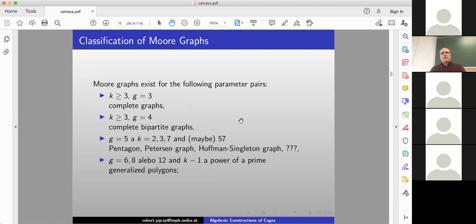But it only happens very rarely that your life is this easy, that you can construct a graph. And it's not that we are not smart enough. These graphs generally do not exist. They only exist when you have the complete graphs. You already saw those two examples. Of course, those are the smallest graphs. I already argued that, the complete graphs and complete bipartite.